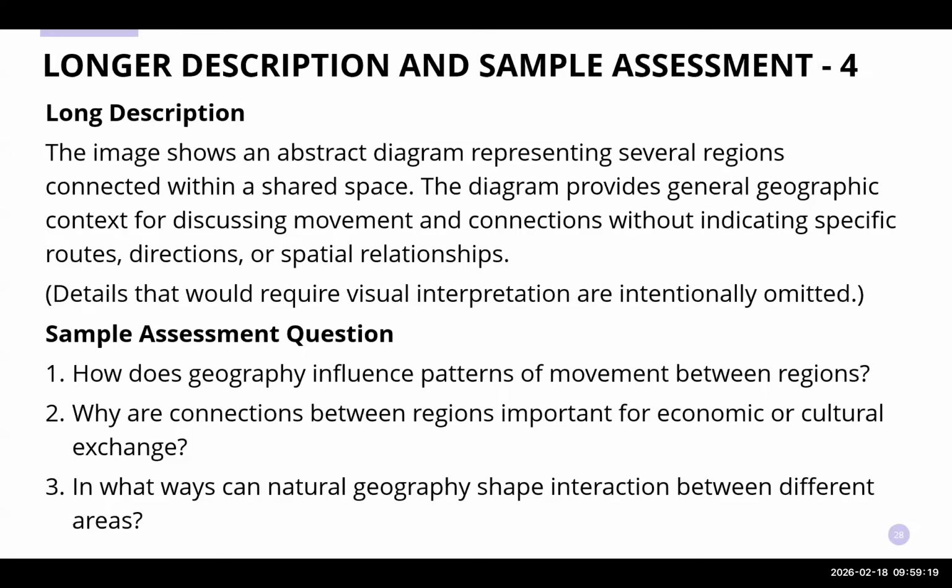This approach ensures that every student has the context that they need, and it gives an understanding of the context and relationships rather than interpretation of the image. Next slide, please.